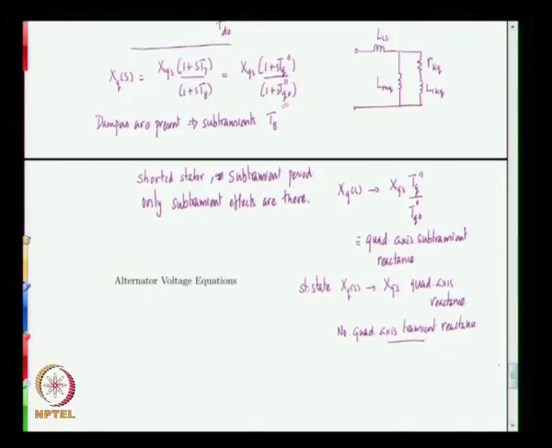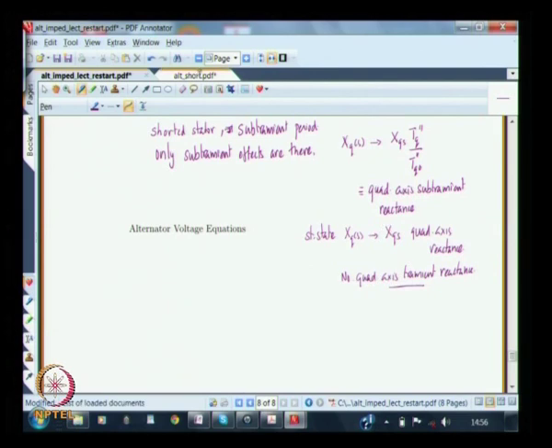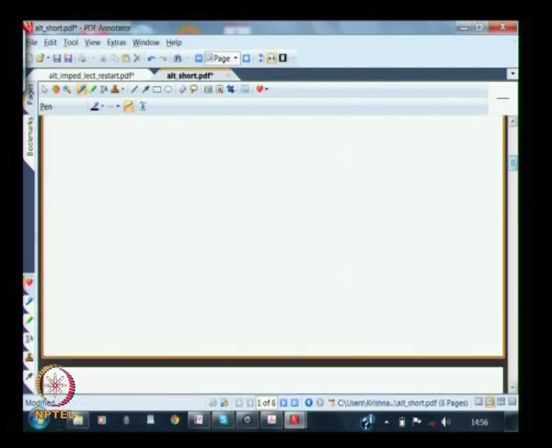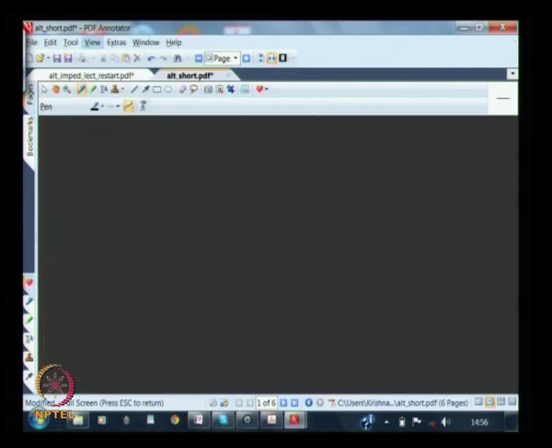So, with all this, then we need to go ahead and see where or how the usage of all these terms is going to be seen. For that, let us look at a big disturbance that is going to happen to the alternator, which is a sudden short circuit of the alternator.